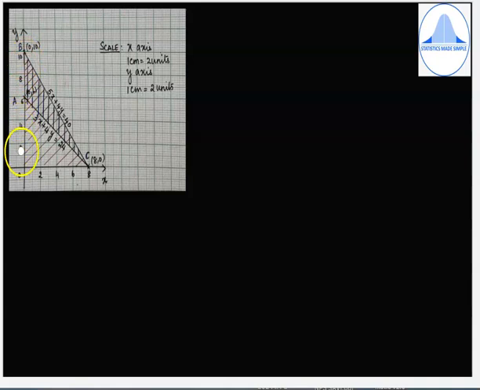So mark 2, 4, 6, 8 and 10. Now for the first equation, we had got the points as 0, 10 and 8, 0. So first mark 0, 10, that is this point is 0, 10 and 8, 0. Join these two points by a straight line, and on that line mark 5x plus 4y equal to 40.